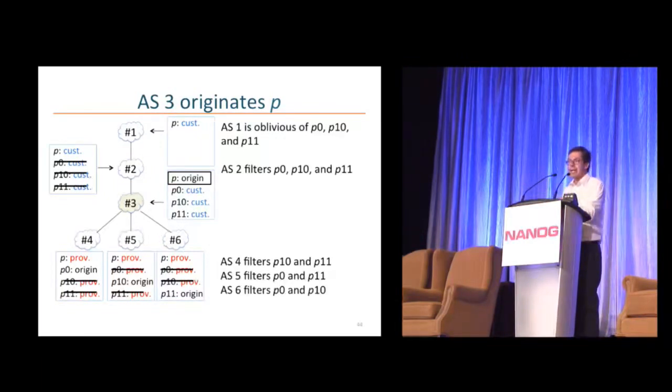AS2 will elect a customer P route and the customer route as well for all the more specific prefixes. If it applies the filtering code, it will be able to filter all the more specific prefixes, so that AS1 will be even oblivious of these prefixes. AS4, AS5, and AS6 will also be able to filter the more specific prefixes, except the ones that they generated.